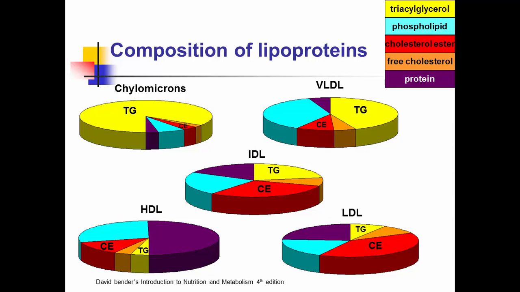So the chylomicron transports triglyceride from the intestine to the liver, and VLDL transports triglyceride from the liver to the other tissues like adipose tissue. And HDL and LDL are the cholesterol-rich lipoproteins and play an important role in cholesterol levels and metabolism.